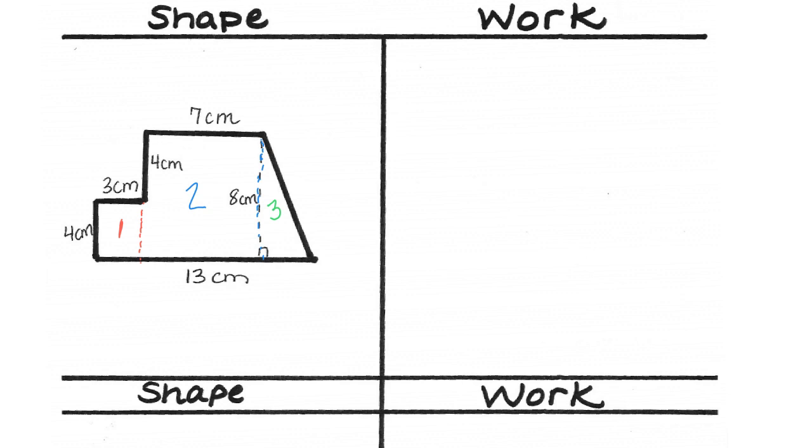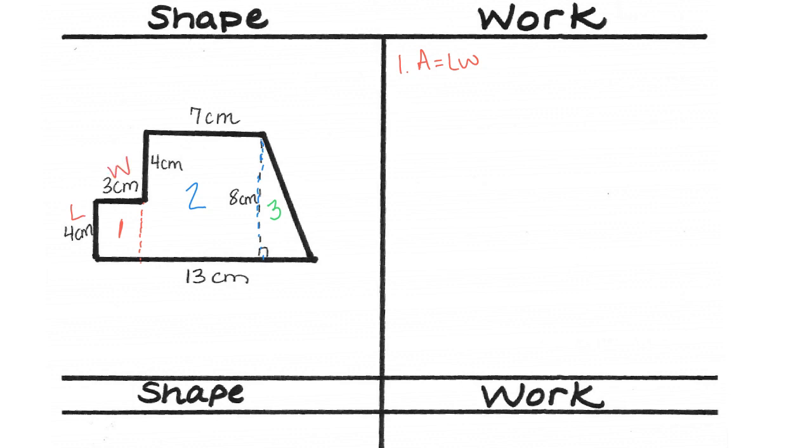Okay, so what we're going to do now is find the area of each individual shape. So the first thing I'm going to do is find the area of the first shape. So I'm going to label this number 1. And the area of a rectangle, if you remember, is length times width.